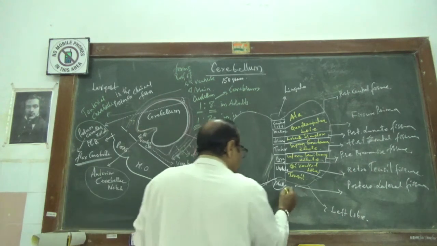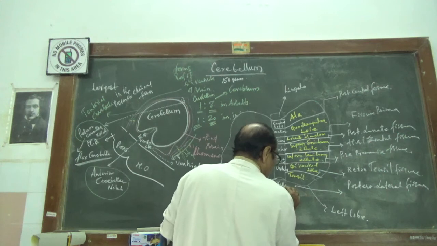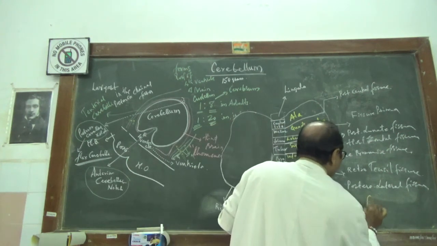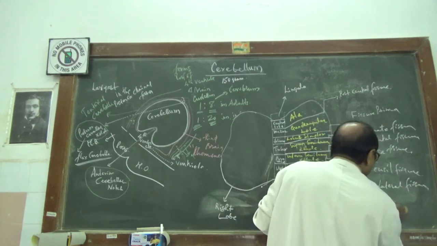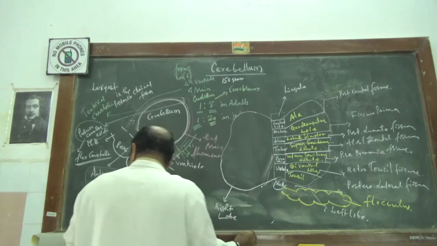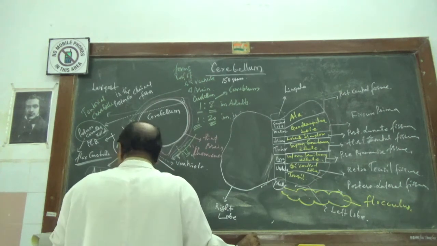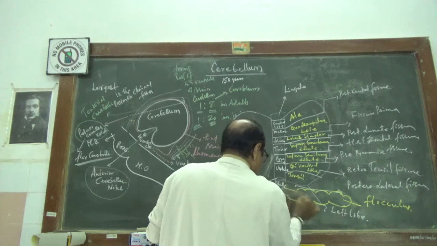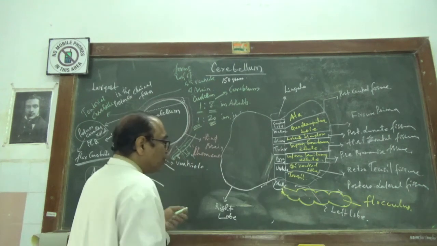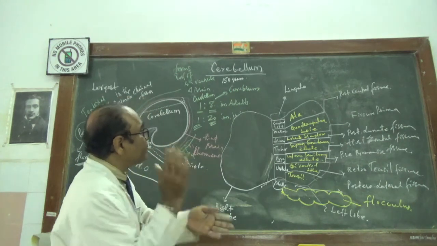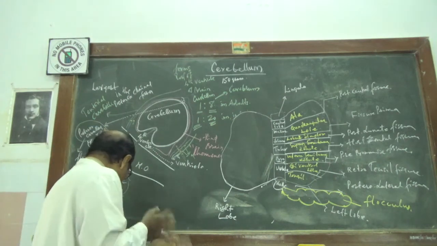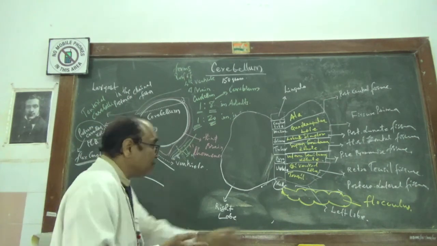Then this one, like this, is called the flocculus. Now from the nodule to this, these are the things that are there one after another. This is the flocculus.